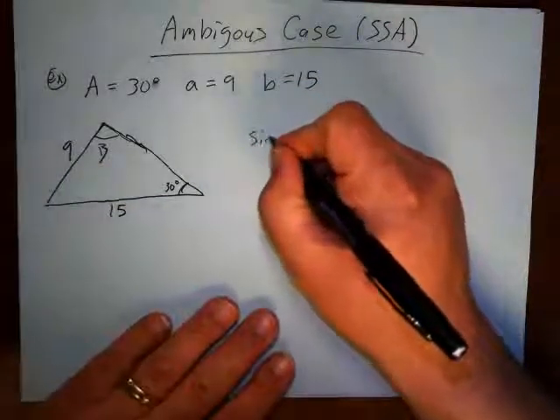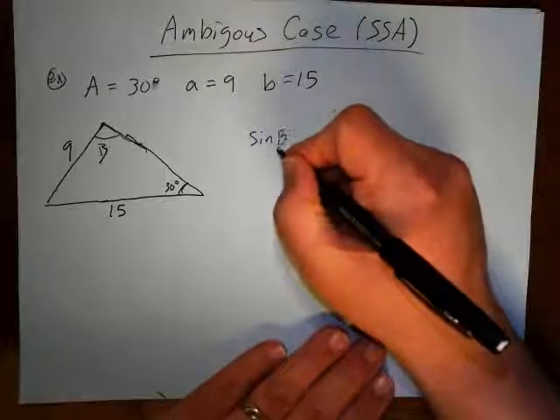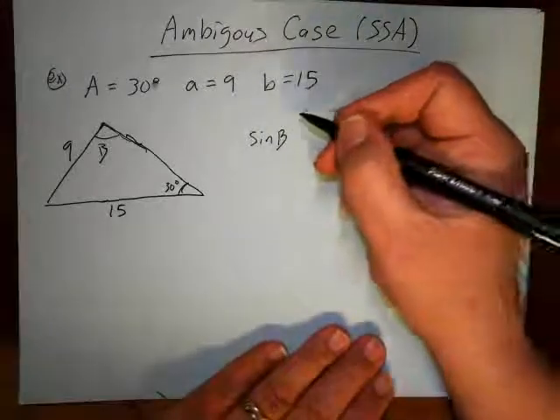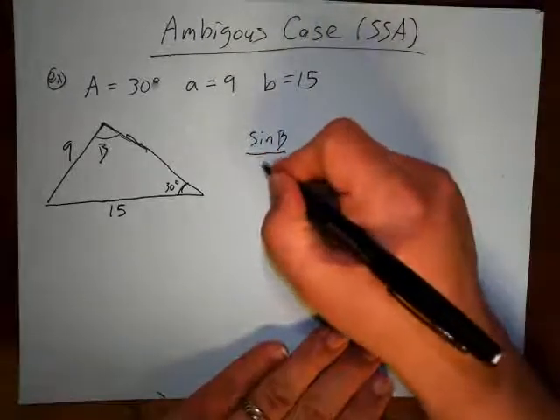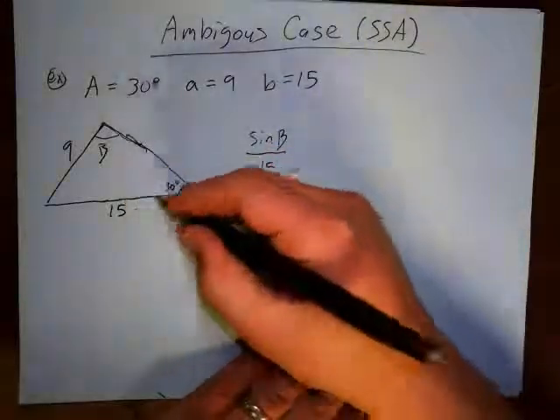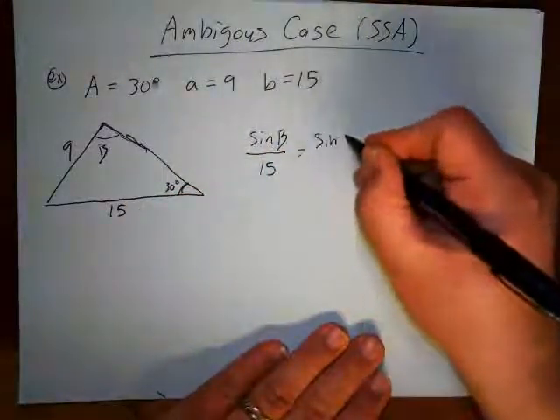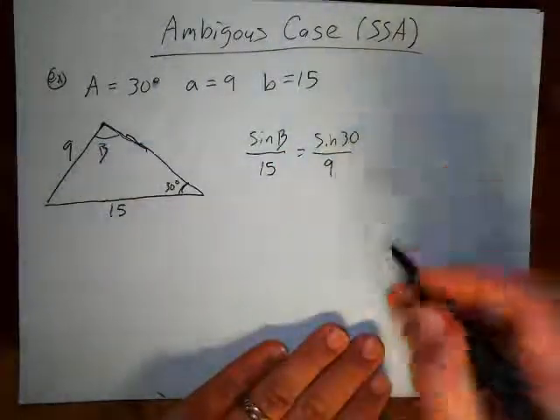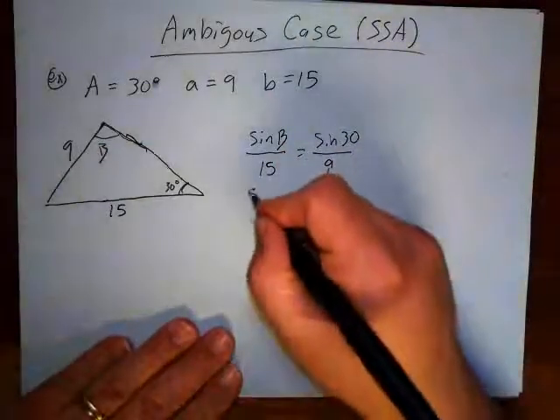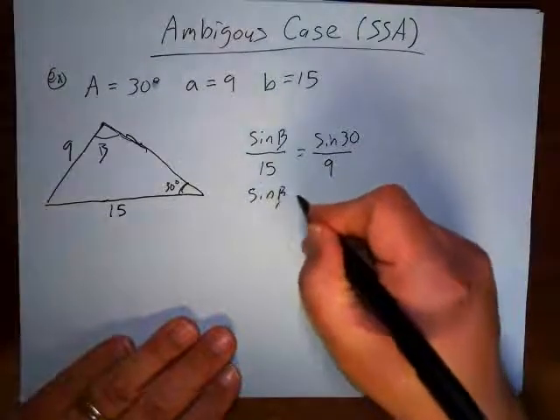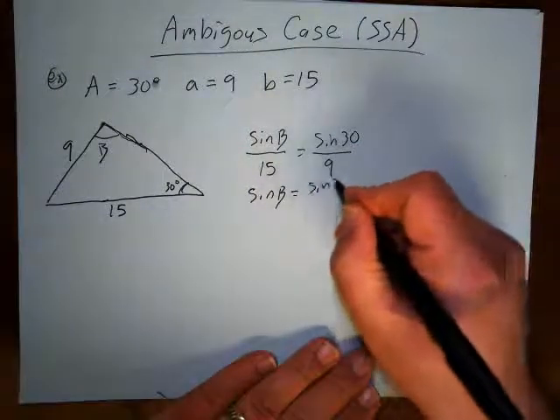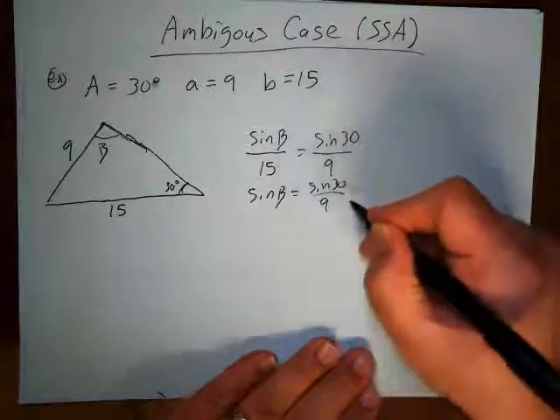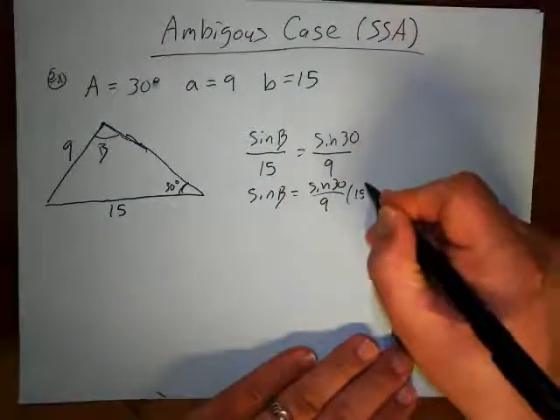So I'm going to have the sines on top this time, and start with that angle: sine of B over 15 equals sine of 30 over 9. So sine of B is equal to sine of 30 over 9 times 15.